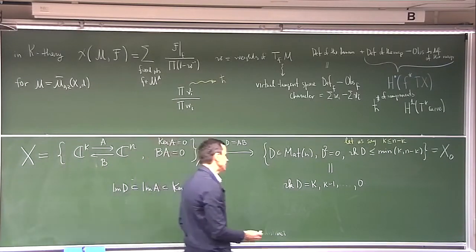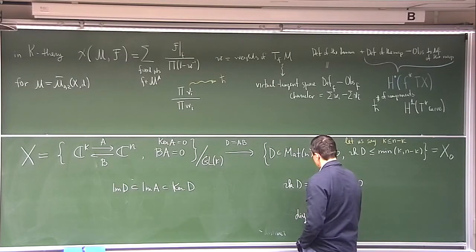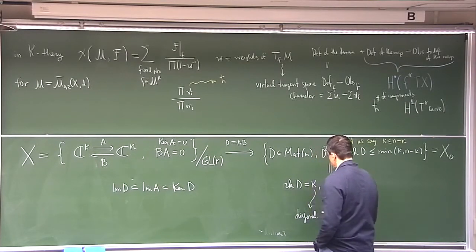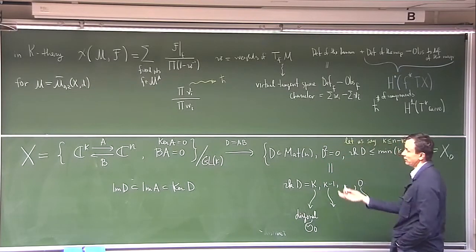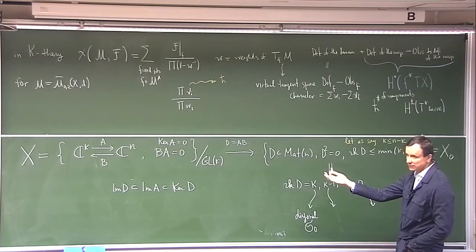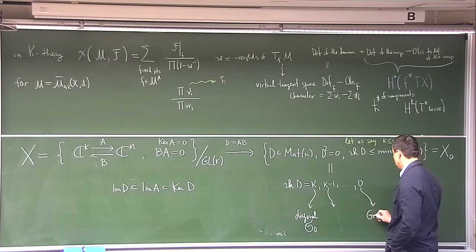If this thing is k-dimensional, then there's only one choice for A, and therefore only one choice for B. So over this sits the diagonal, which we denoted sigma 0. If D is 0, A can be anything, so the whole Grassmannian sits over it.